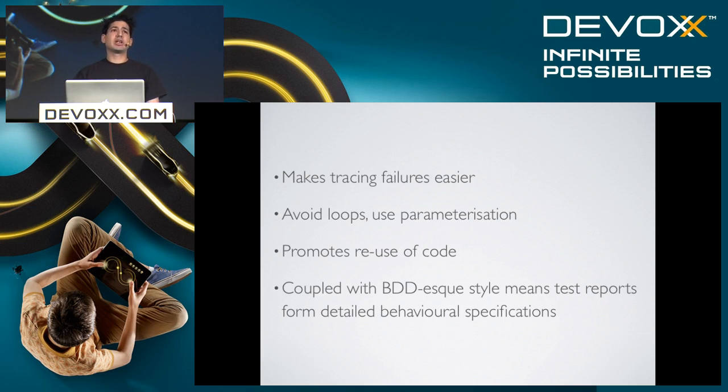Try and avoid that, because at some point that's going to fail and you're going to have to work out at which loop iteration it failed and then maybe break that out into a single test. Don't give yourself that complication to deal with then. Deal with it up front. Write simple tests. Promote reuse of code. That's one way of avoiding loops.